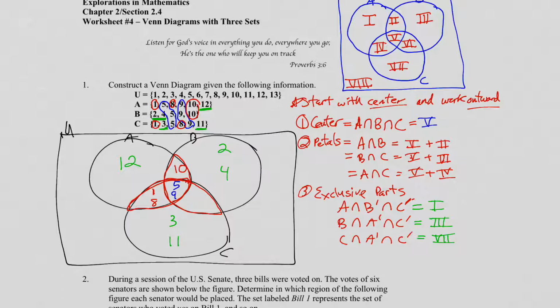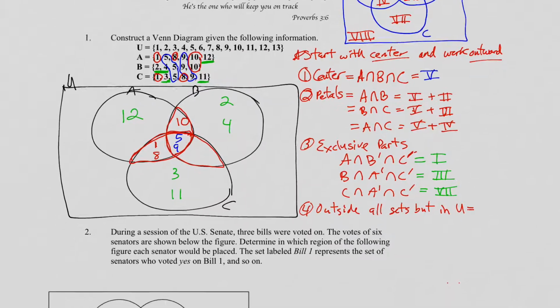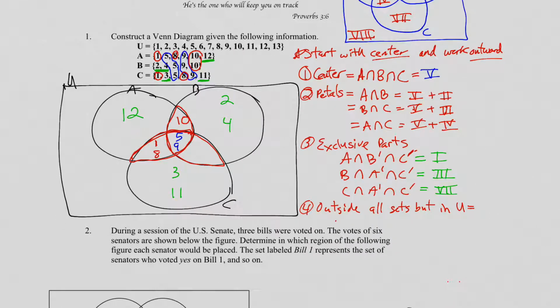Then our last one will be region 8, which is basically outside all sets, but still in U. If you look at all that, in set notation, it's the union of A, B, C, and everything not in that.